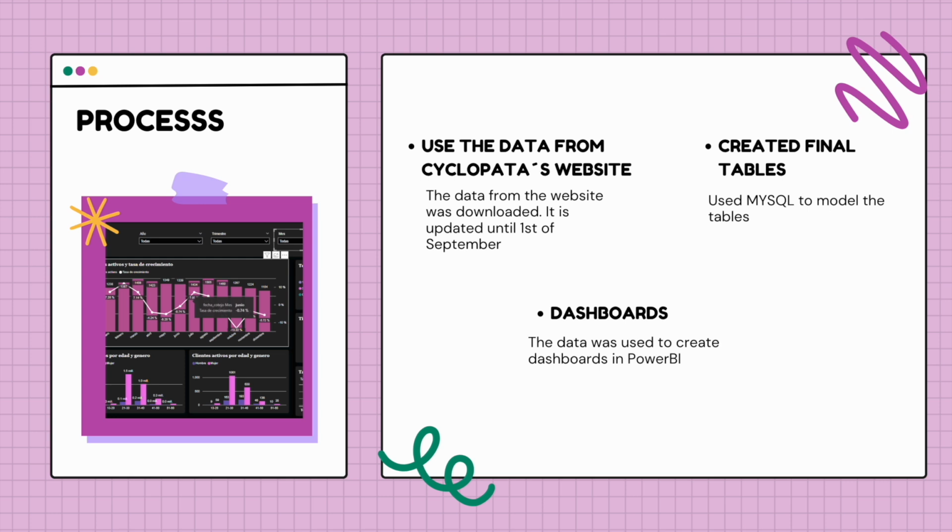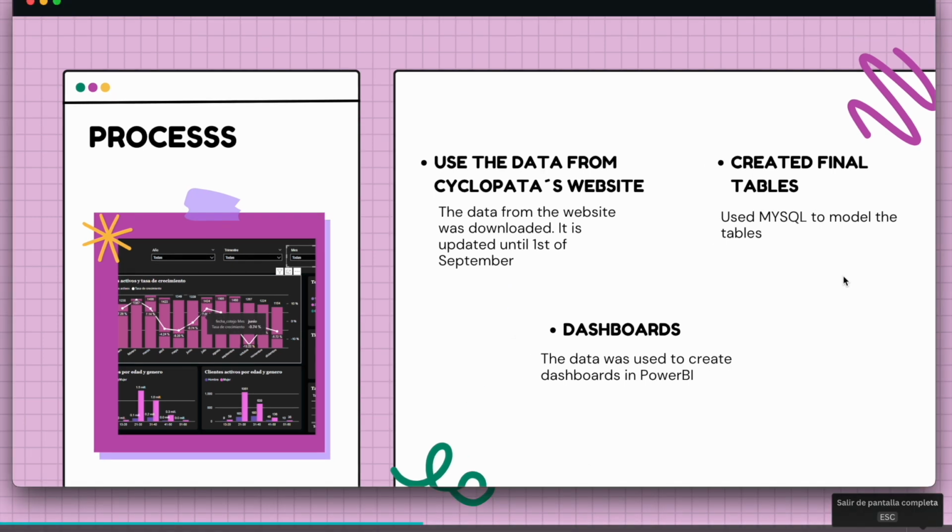It was not created to obtain information from it, so everything was a little all over the place. From there I created some final tables, because I wanted something quite structured and easy to read in Power BI. And then I made the dashboards in Power BI. So I'm gonna get into the dashboards right away.